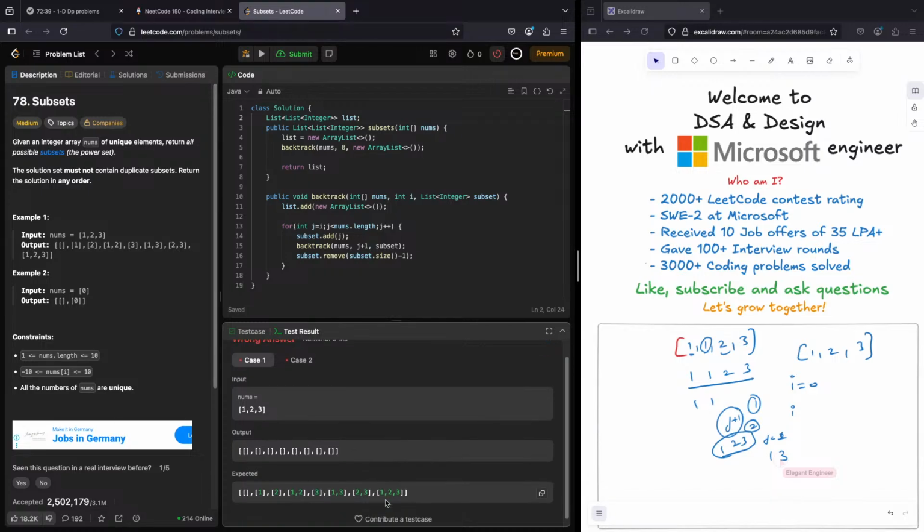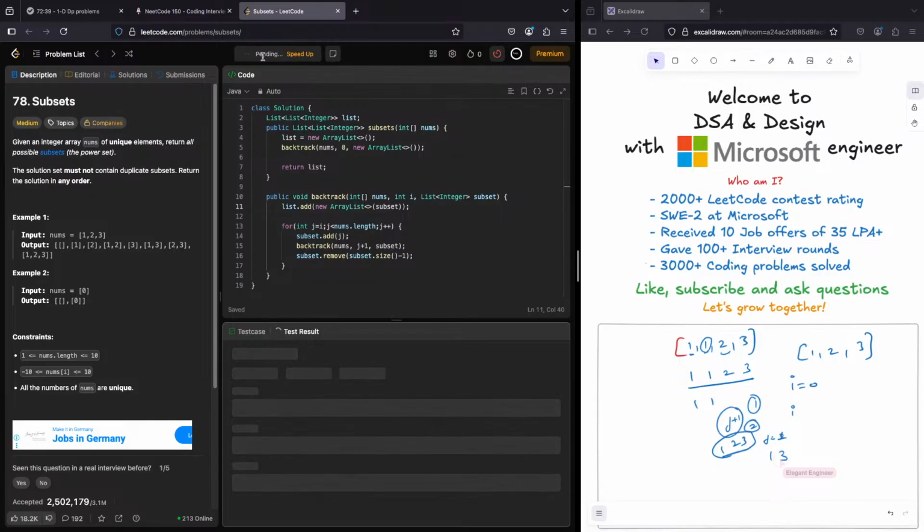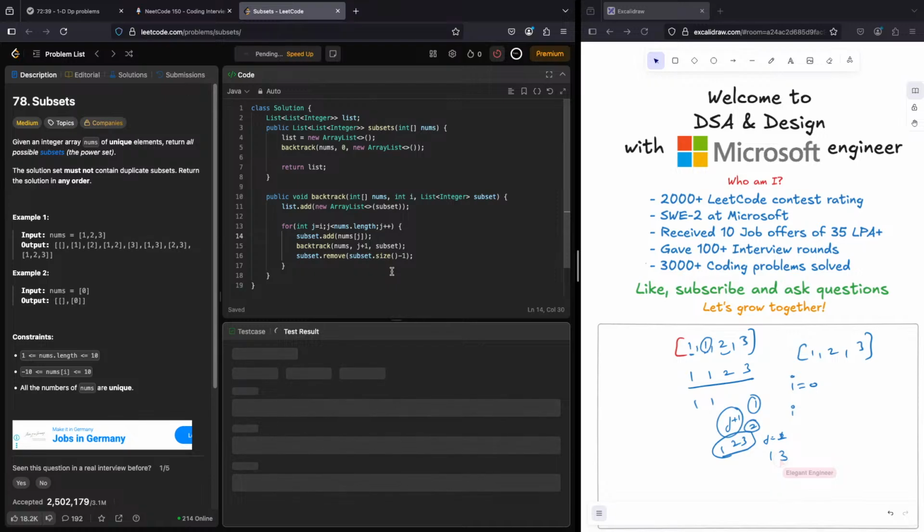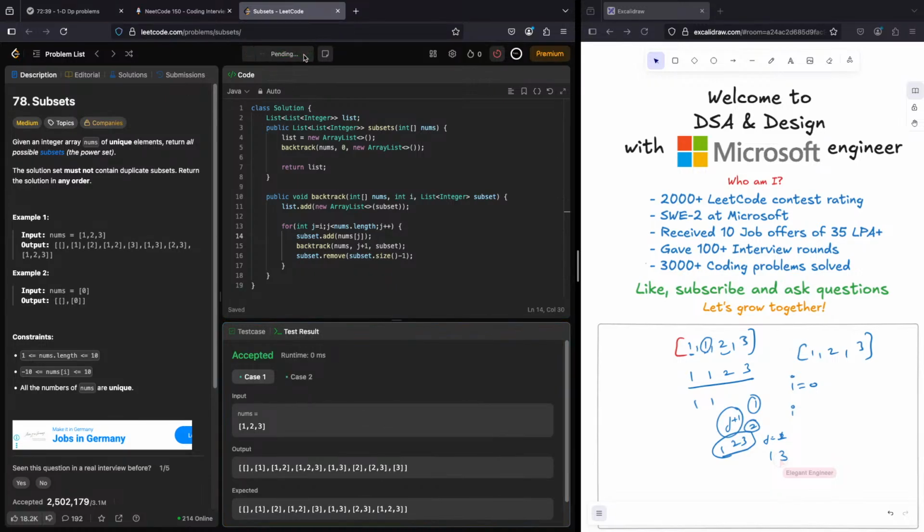So all the elements are not duplicated, right? That's why we don't need to sort it basically.